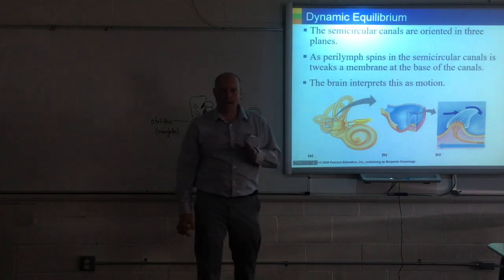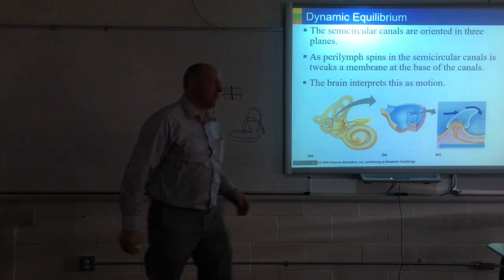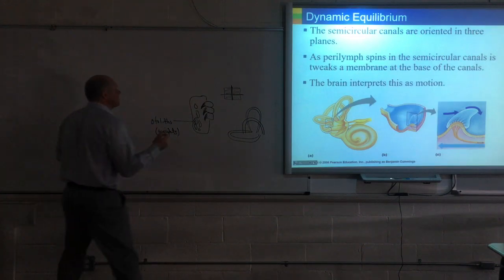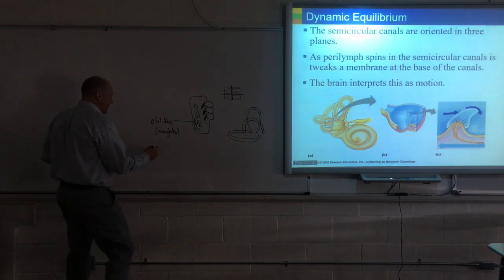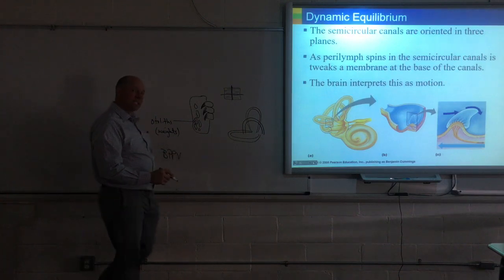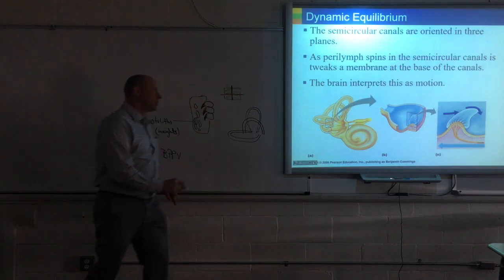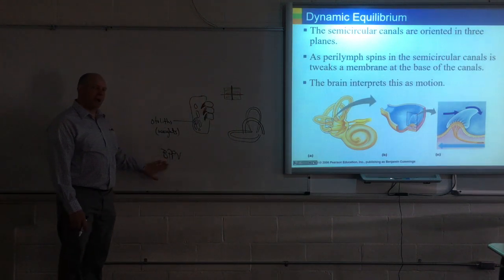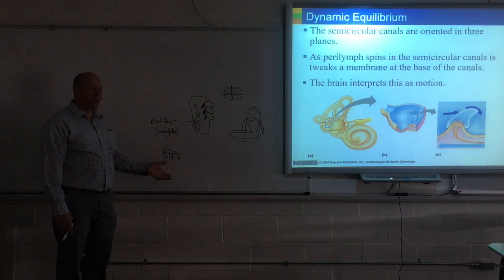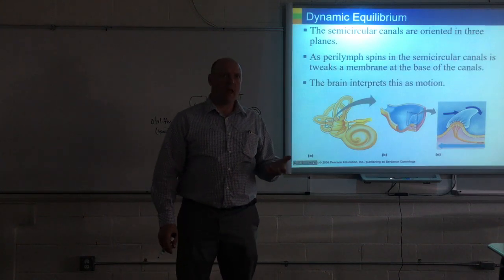So let me give you a personal experience. I had what's called BPPV. I think that's what it is. Lots of adults get this. It's a temporary thing. It is called benign paroxysmal positional vertigo. So one day I wake up in the morning, I sit up in bed, and the room spins.